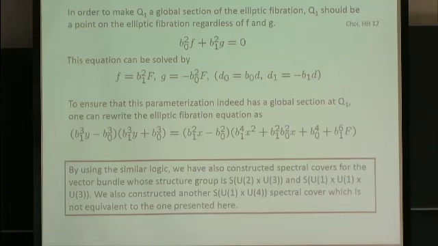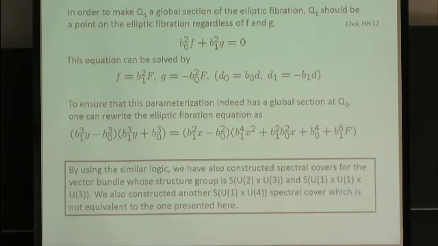From this equation, we can clearly see that there is a global section which comes from this component, this component. So like this, we can construct the 1+4 factorized spectral curves, and also in a similar logic, we also constructed 2+3 factorization and 1+1+3 factorizations.